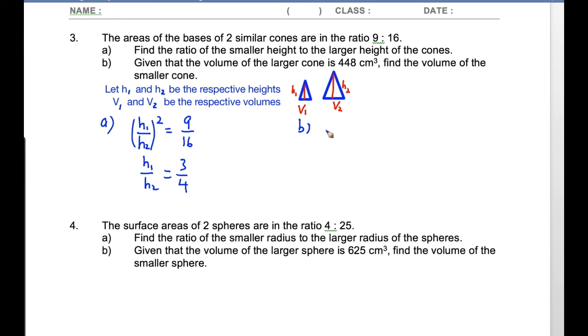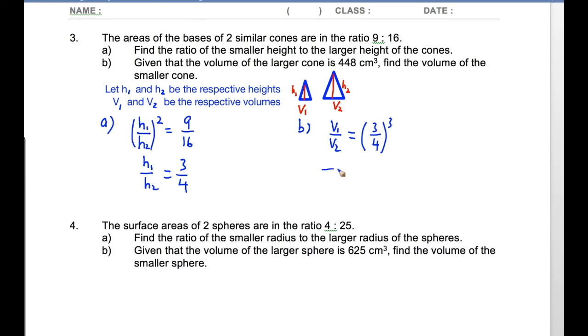In this second part, we need to find the ratio of their volumes first before we can find the volume of the smaller cone. The ratio of their volumes, as we know for similar figures, is simply the ratio of any corresponding length cubed.